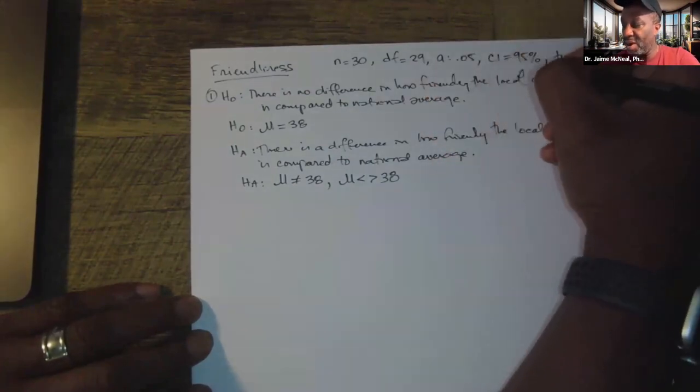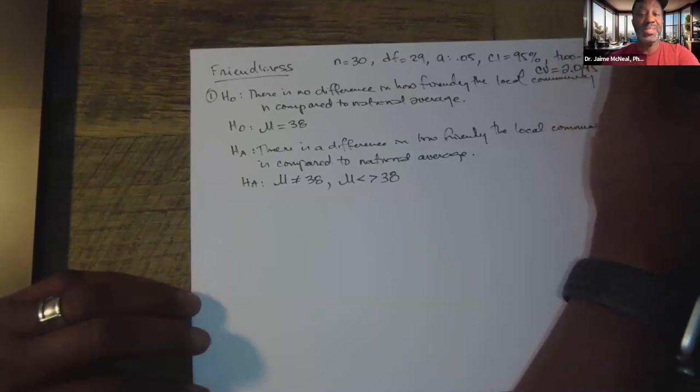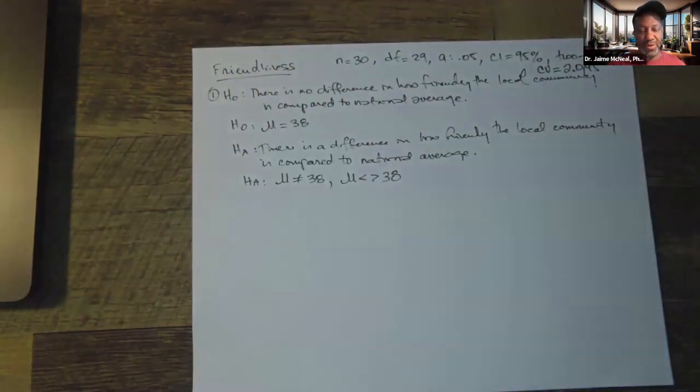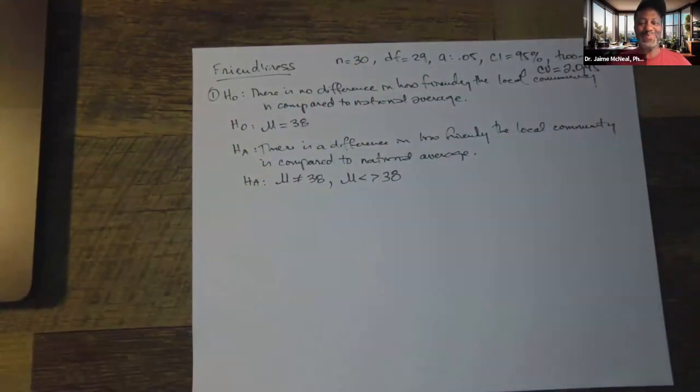And we already found out that the critical value was 2.045. So it's negative 2.045 and positive 2.045, if that looks the correct way for you.